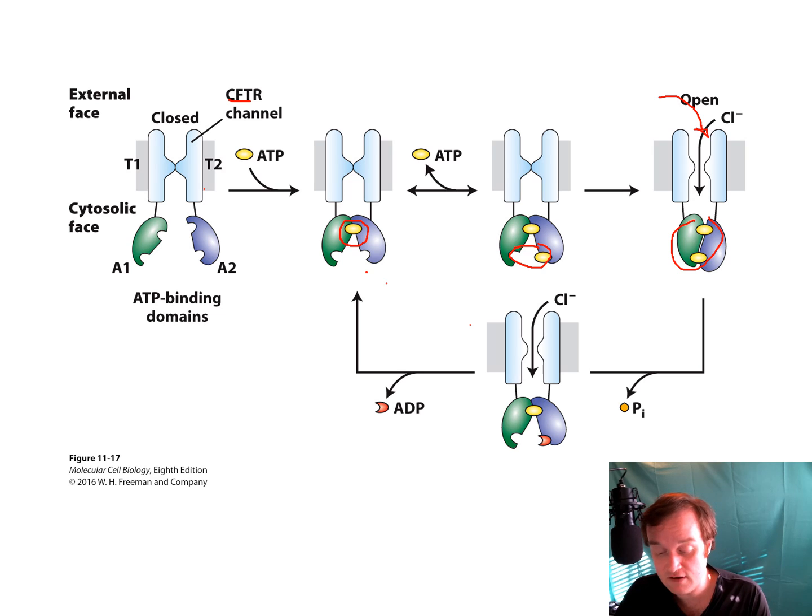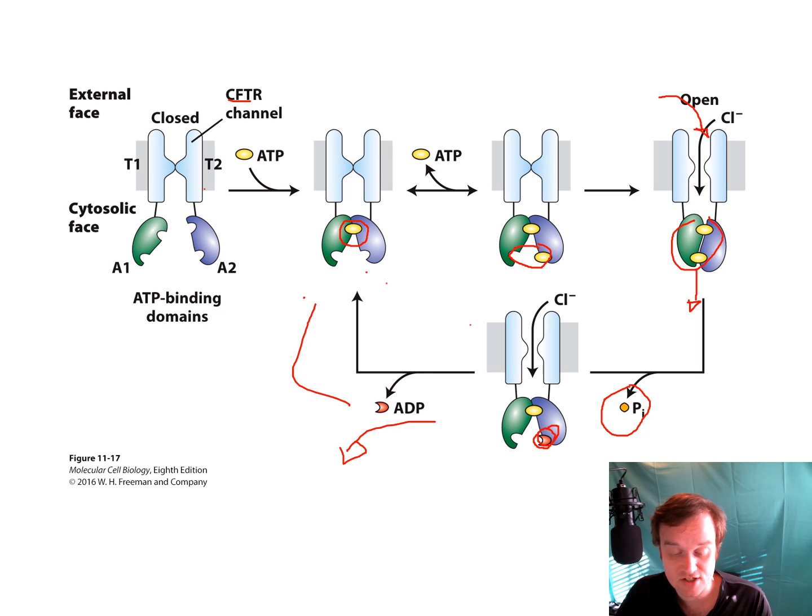And so if this second, the lower of the two ATP binding sites, if the ATP there is hydrolyzed, then it becomes ADP, and that results in the removal of that nucleotide, and what we have is closing again. So because there's nothing bound on that lower side, then we've closed the channel. So if another ATP comes in, then we open it, and so it's kind of an on-off switch, right?